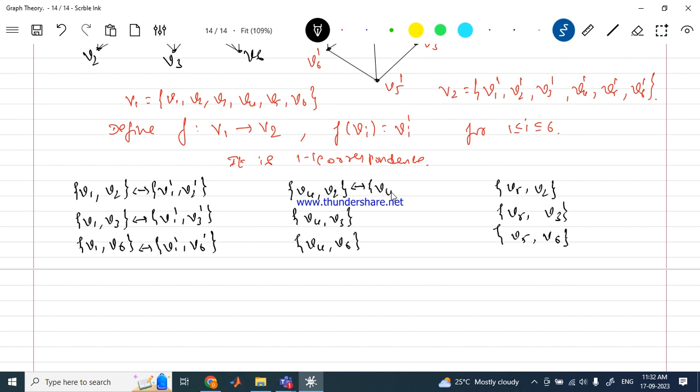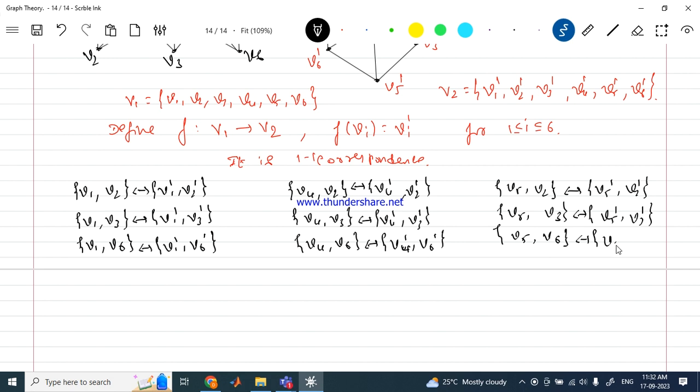and this is v4 dash v2 dash, I'm sorry, v2 dash, v4 dash v3 dash, v4 dash v6 dash, v5 dash v2 dash, and v5 dash v3 dash, v5 dash v6 dash.